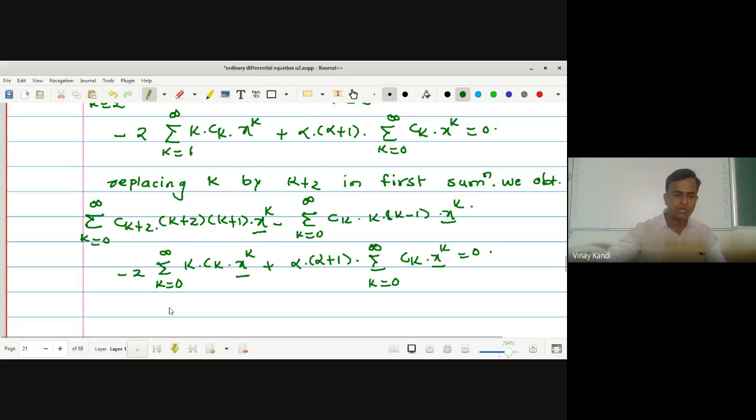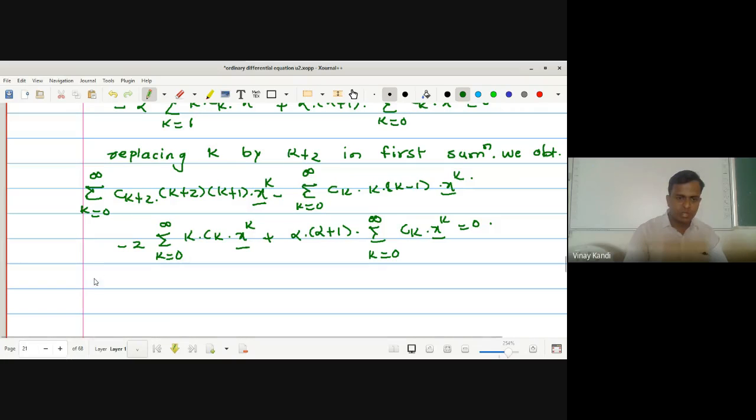Okay, so here now take x raised to k common. So here we get summation k running from 0 to infinity, in the bracket, this is k plus 2 into k plus 1 into ck plus 2, minus, from this one, minus k into k minus 1, plus this is 2k.